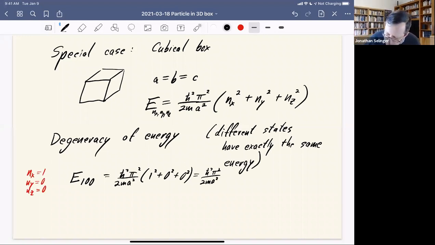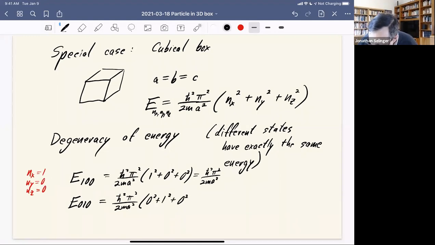But if I had E sub 0, 1, 0, that means n_x is 0, n_y is 1, and n_z is 0. That energy is h bar squared pi squared over 2ma squared, times 0 squared plus 1 squared plus 0 squared.